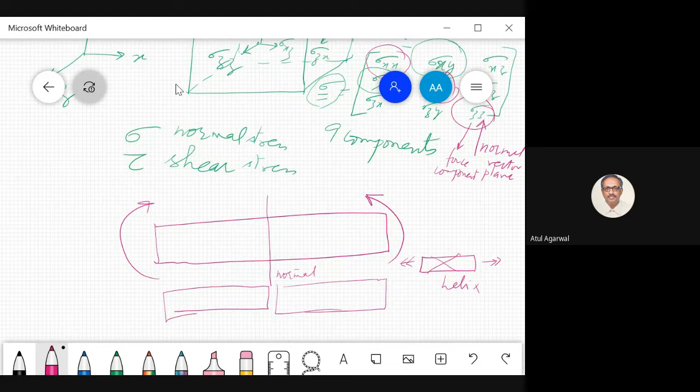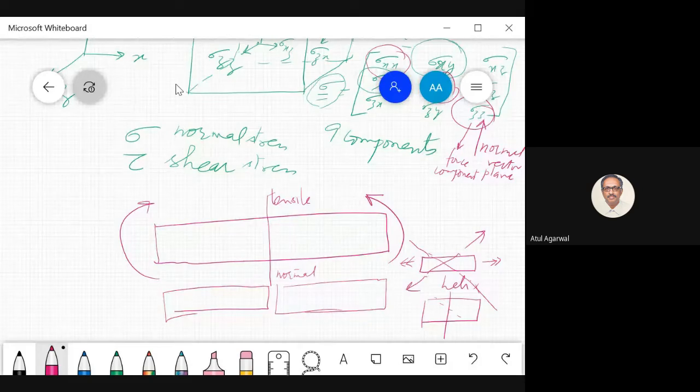You are bending it and you will find there is a tensile stress across this plane. And when you are twisting it, you will find that tensile stress is perpendicular to this plane. So it is not failing vertically. It's not a cross section which is splitting apart. What is splitting apart is a different surface. So you have got different stresses.